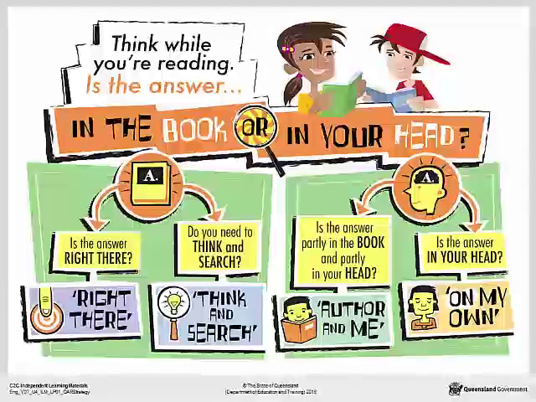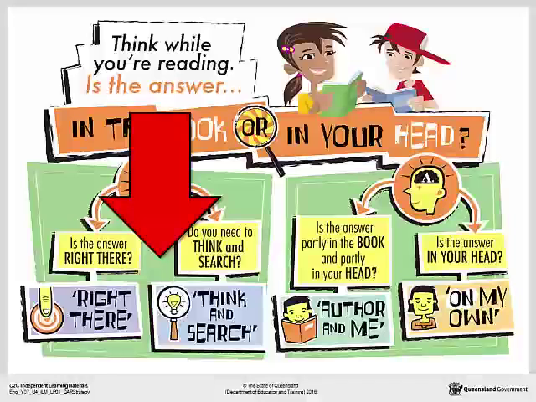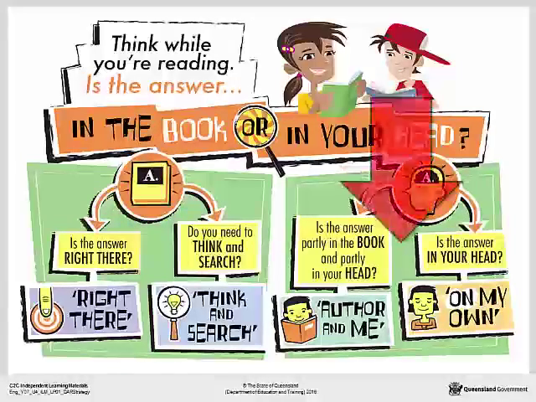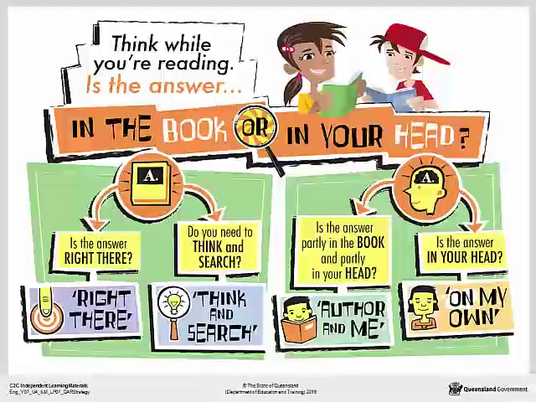For in the book questions, there are two types of questions: right there and think and search. For in my head questions, there are also two types of questions: author and me and on my own. Now this might sound a little abstract at this stage, but will make more sense in a moment.